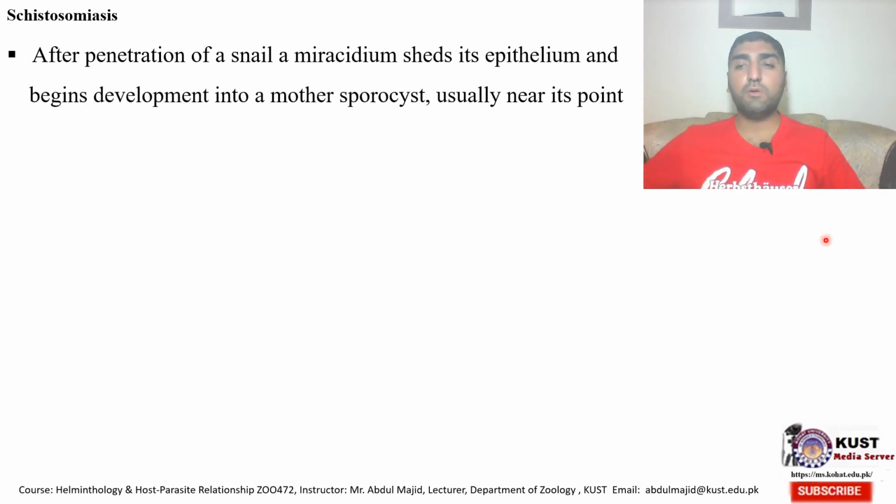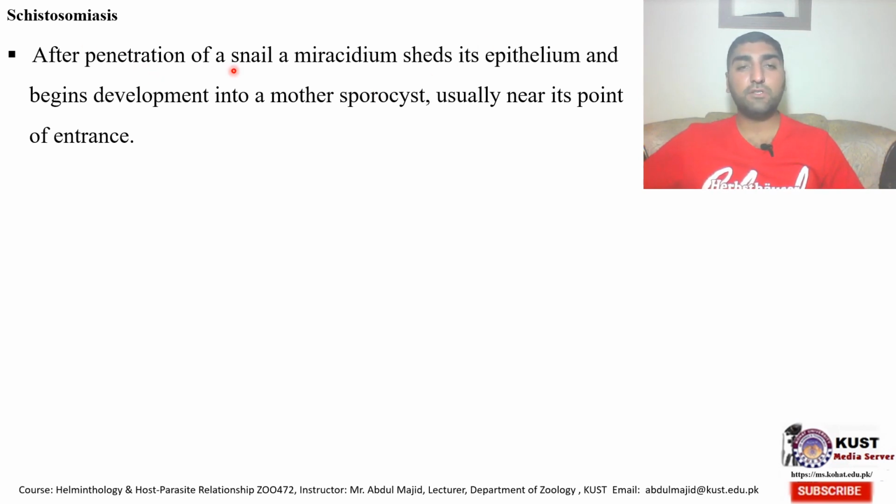So we were discussing the life cycle. When the miracidium comes out of its shell, the next target is the Biomphalaria snail, so it will enter into the body of the snail for the next phase.